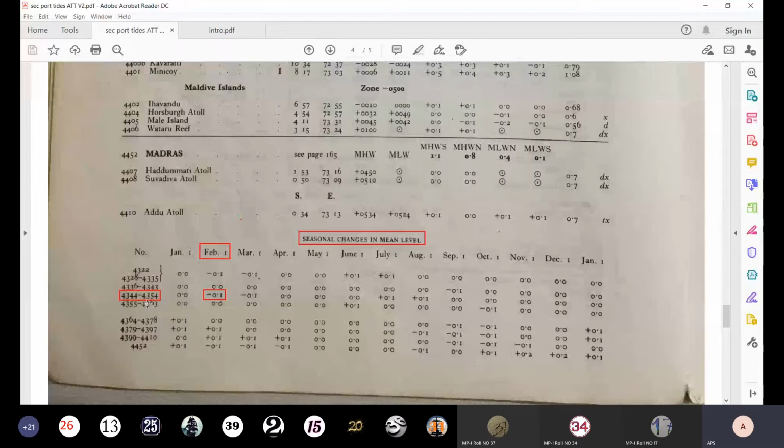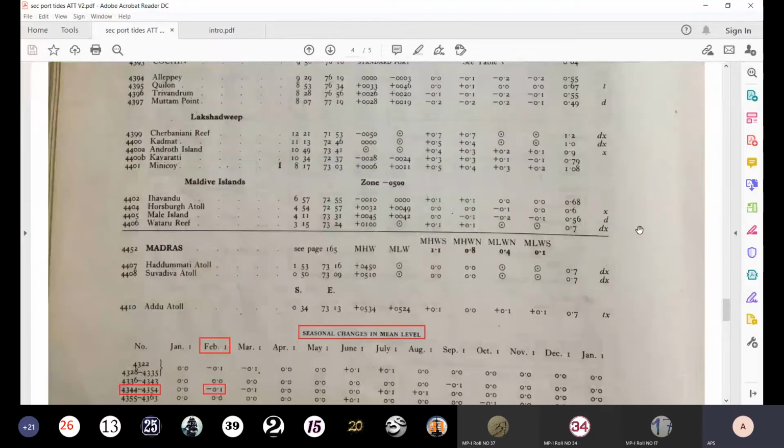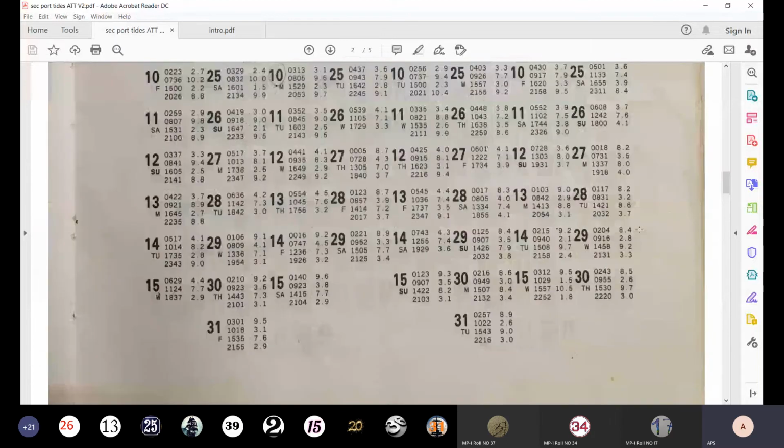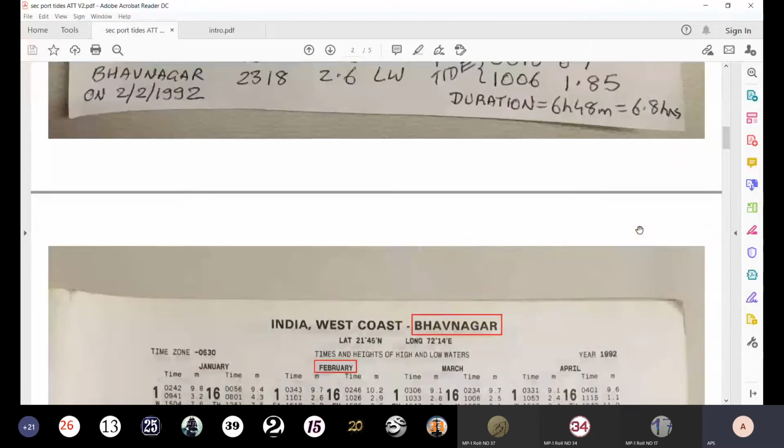So 4344 to 4354 of February, minus 0.1. Sometimes you have to go one page ahead or one page before to get the seasonal correction. It may not be on that same page.